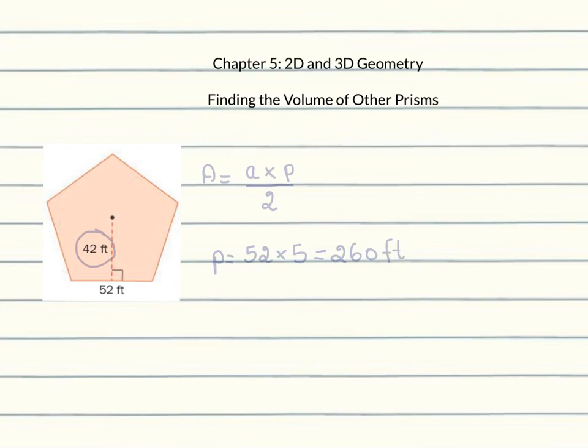To find the area, the apothem, which is 42, multiplied by the perimeter of this pentagon, which is 260, calculated earlier, all divided by 2, gives us an answer of 5,460 feet to the power of 2.